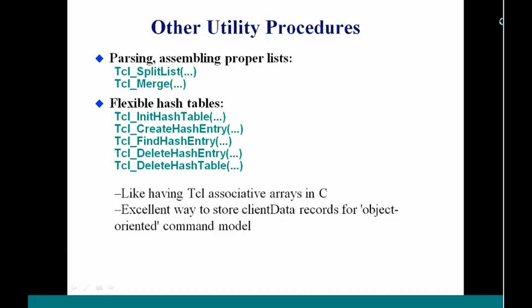Now for parsing and assembling proper lists, we use Tcl_SplitList and Tcl_Merge. The hash tables are quite flexible. Basically, it is init hash table, create hash entry, find hash entry, delete hash entry, and delete the whole hash table.